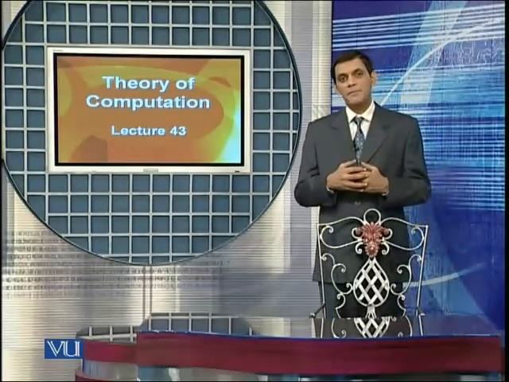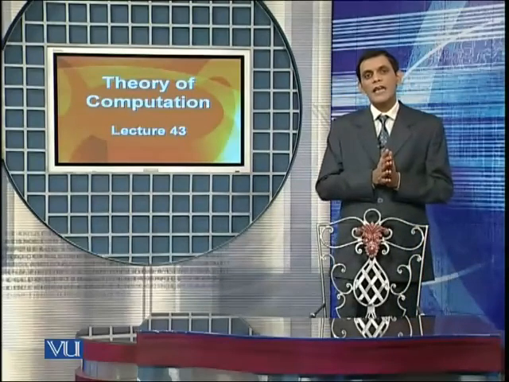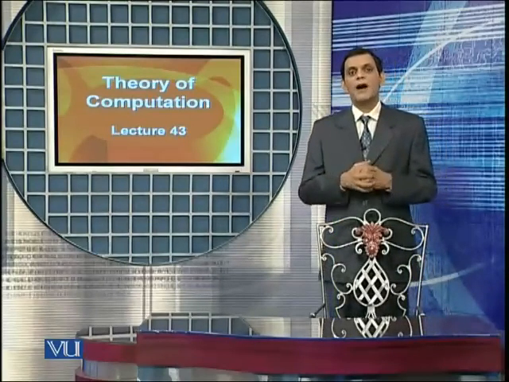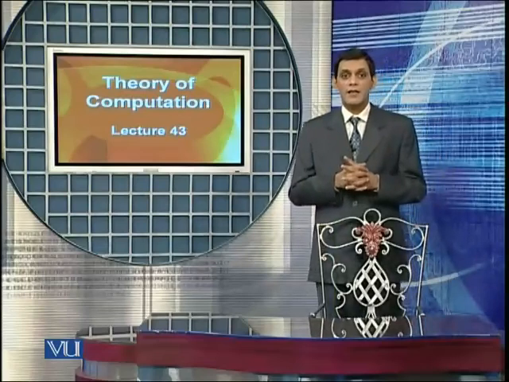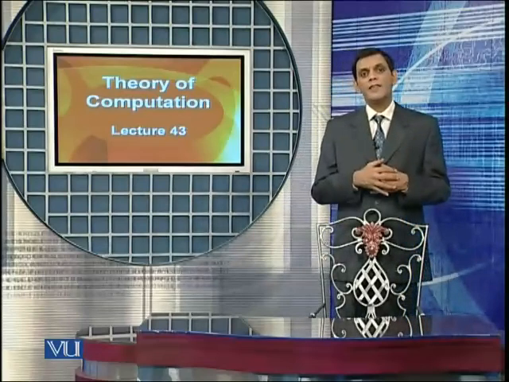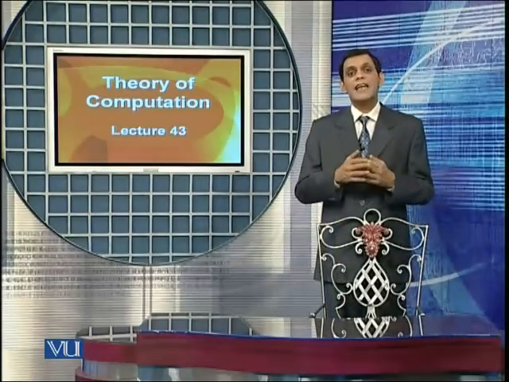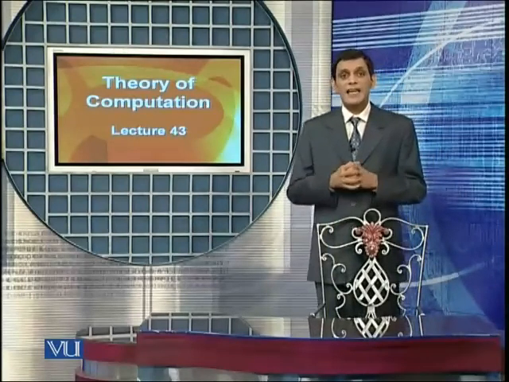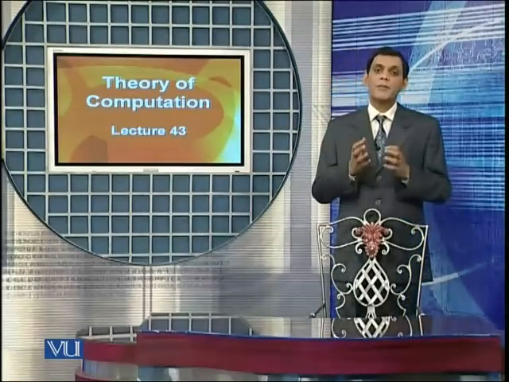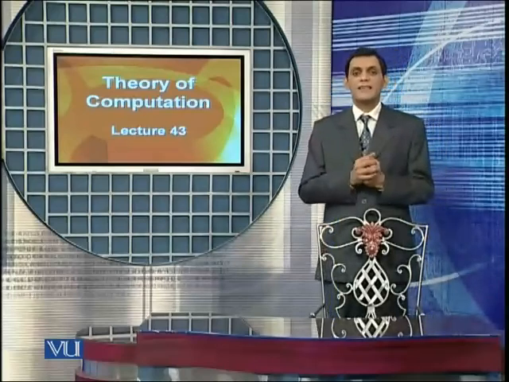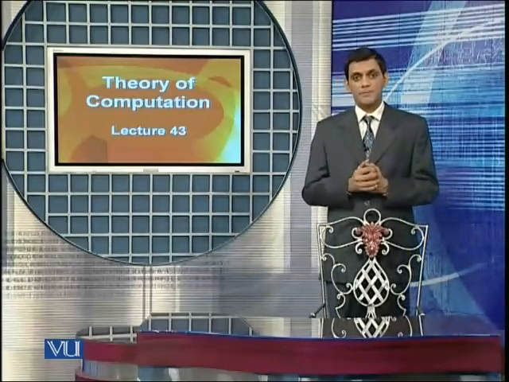Once we show that, we will show that the complement of PATH is also in NL. So, since PATH is NL complete, its complement is co-NL complete, and a co-NL complete problem is in NL, therefore the two complexity classes must be equal.